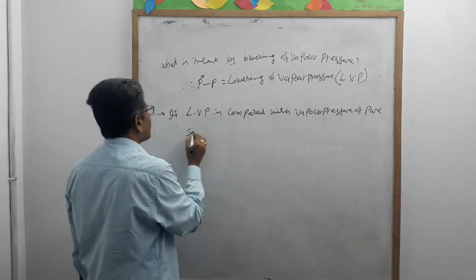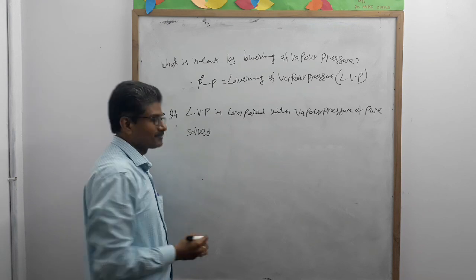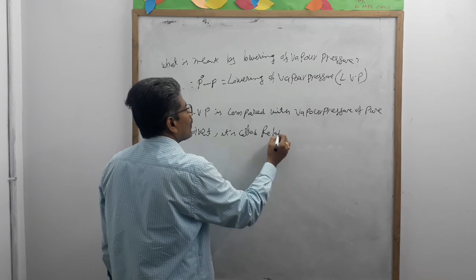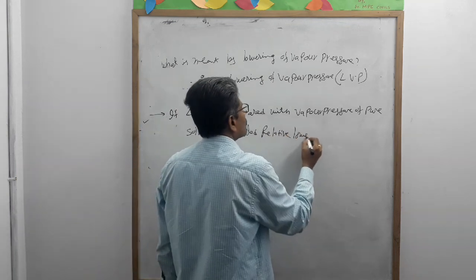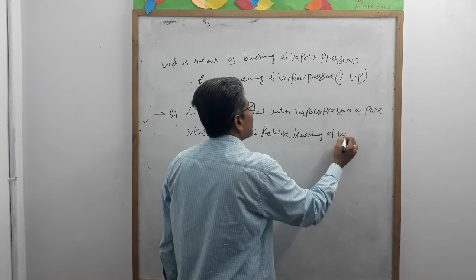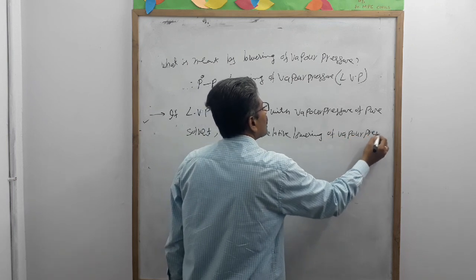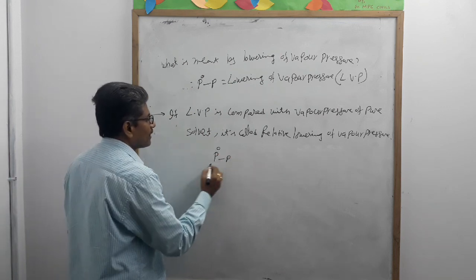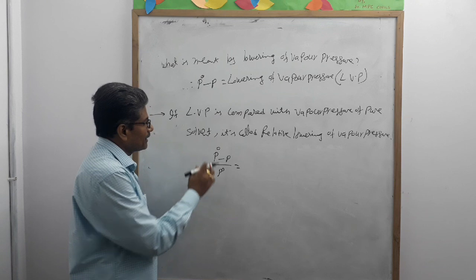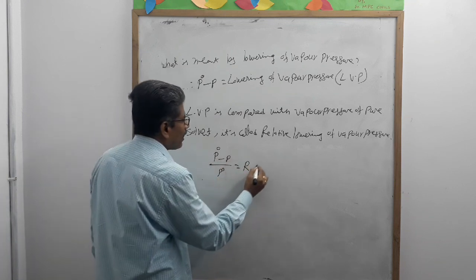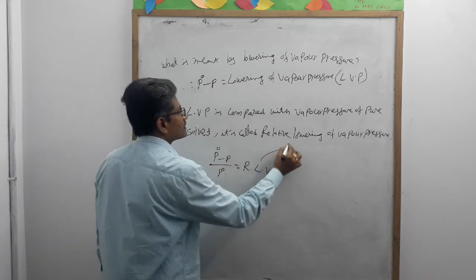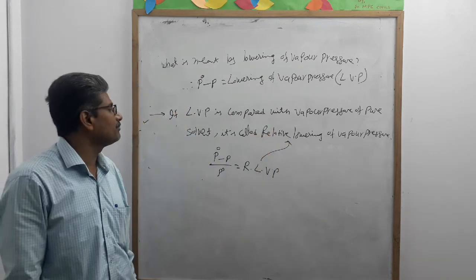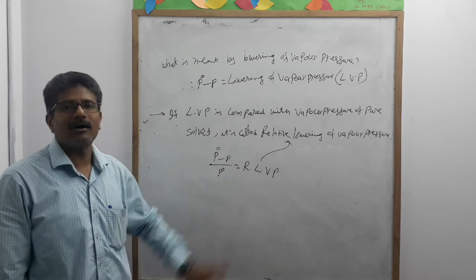That is, P naught minus P by P naught is called RLVP, relative lowering of vapor pressure.